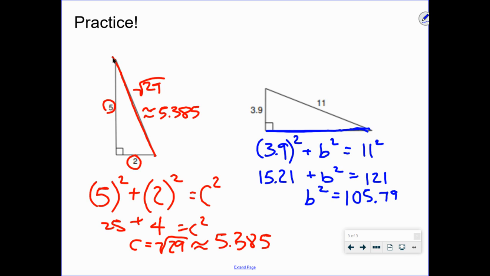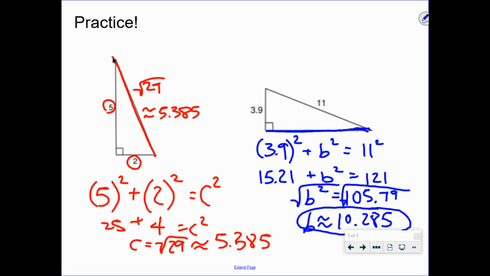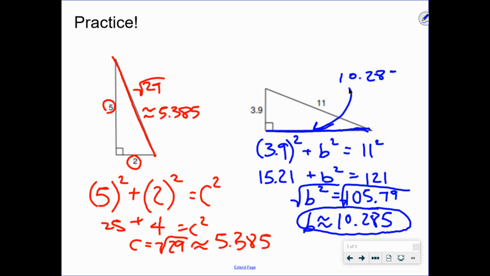And I need the square root of both sides because we want to get b alone. So b is going to be approximately 10.285. That's exactly what we wanted here. All right, so this side is 10.285.